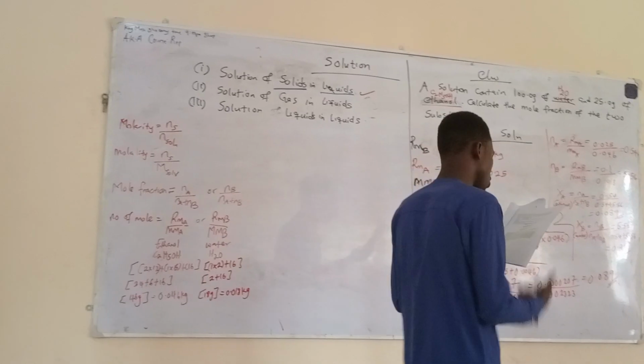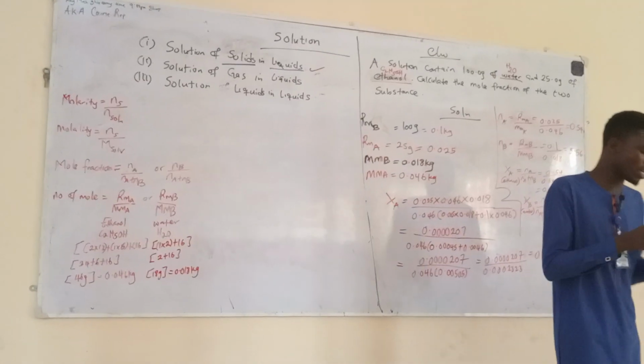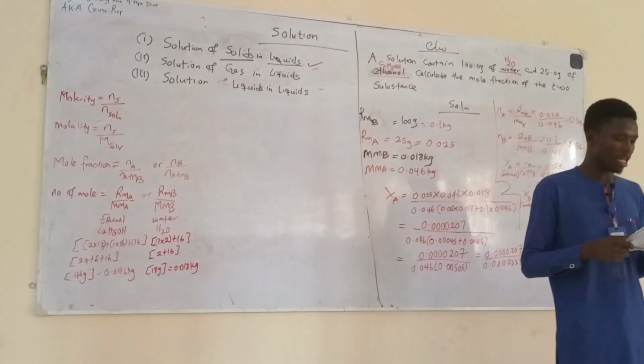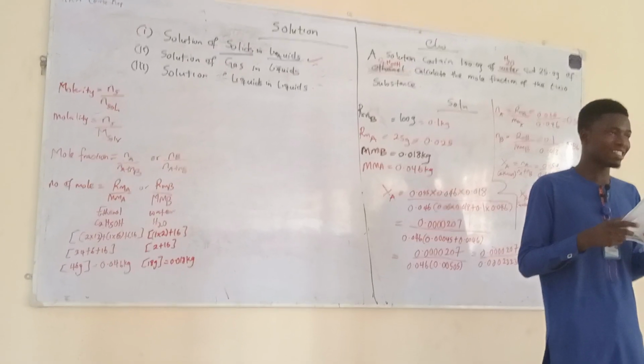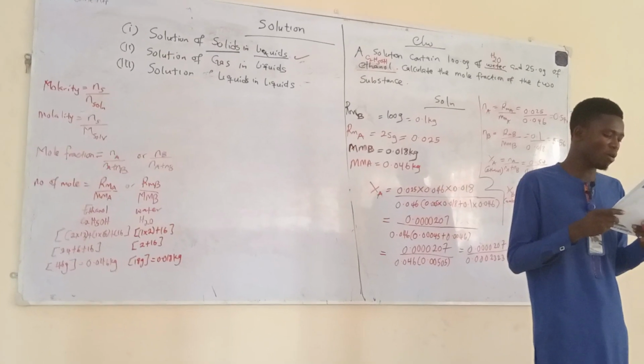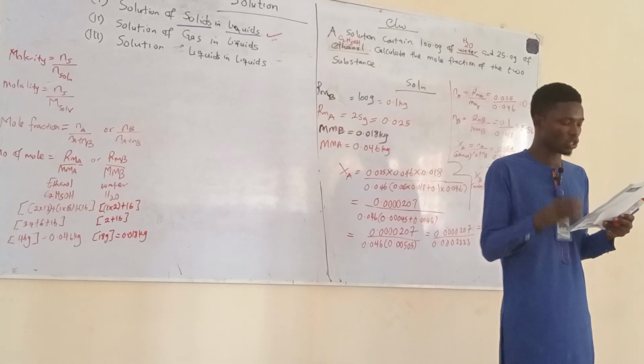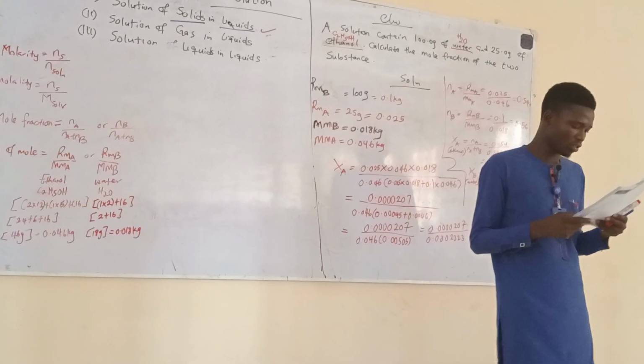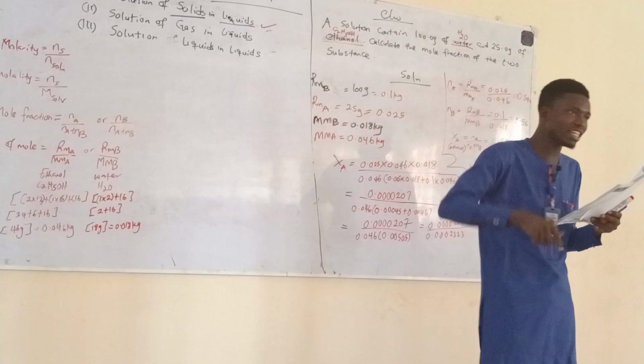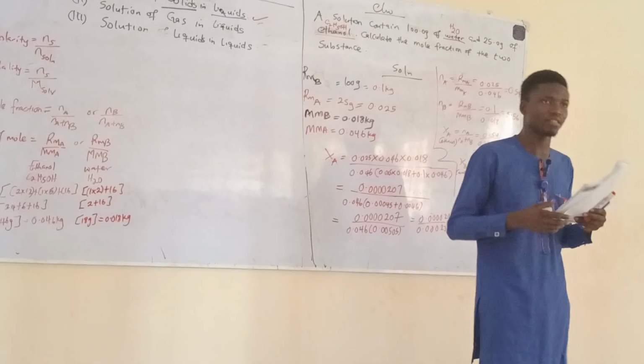And they said when a solid is added gradually to a given amount of a liquid at constant temperature, a state is reached when some of the solid remains undissolved. Not all the solid, some of the solid particles remain undissolved. The solution is then said to be saturated.